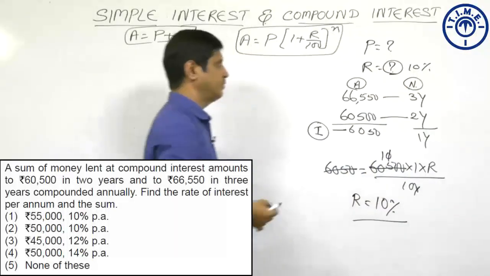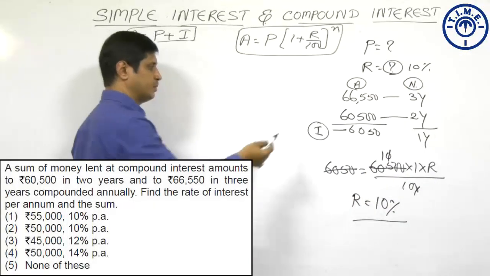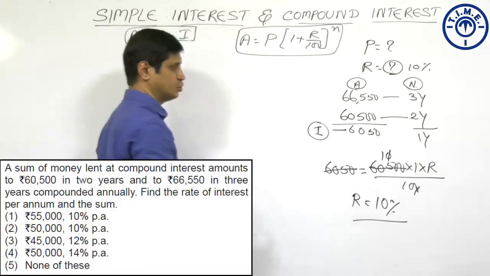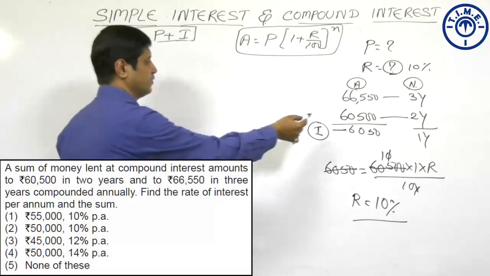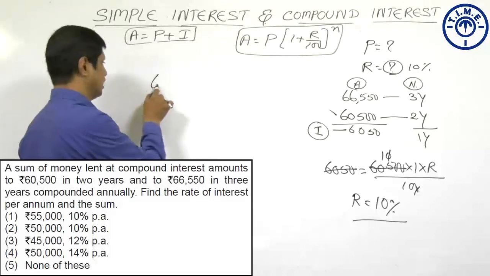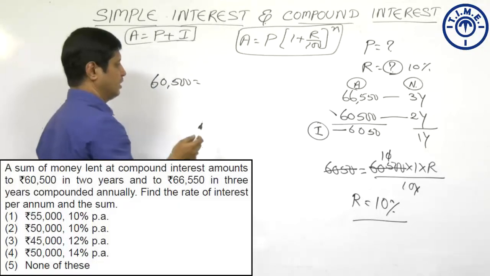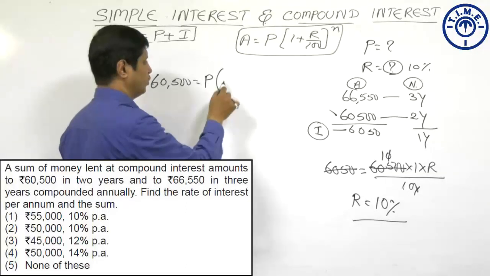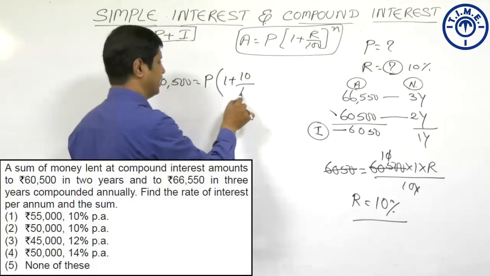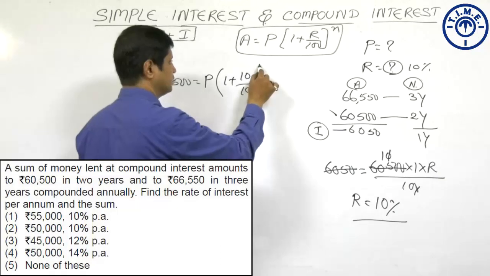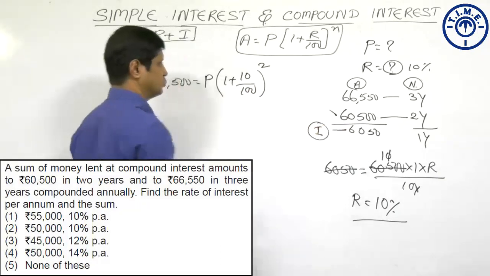Now, find the principal. To find the principal, we can use either of these two data. I am going with the second data. 60,500 is the amount, applying the same formula: P into 1 plus 10 by 100 whole power 2, as the period of time here is 2 years.